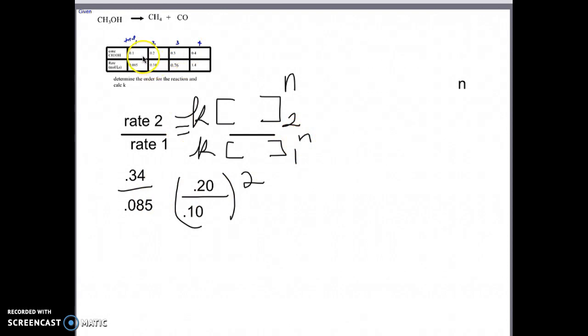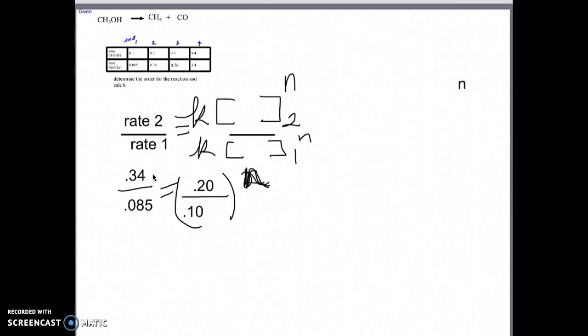So what I did is I took this data from up here and plugged that in, and I would have 0.34 over 0.085 equaling 0.2 over 0.1 to the, this should actually be to the nth power.